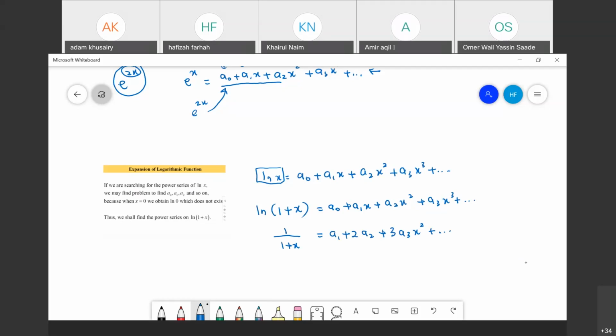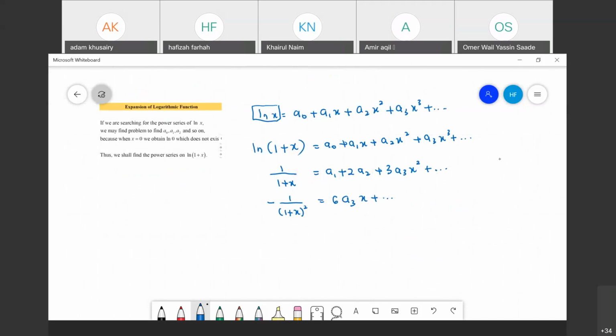And then we differentiate again. So we will have negative of 1 over 1 plus x squared equals 2a2 plus 6a3x plus this, and then continue with the next derivative, which will be 2 over 1 plus x to the power of 3.